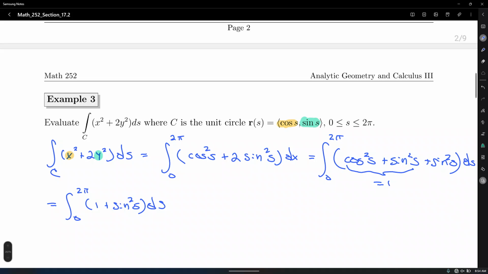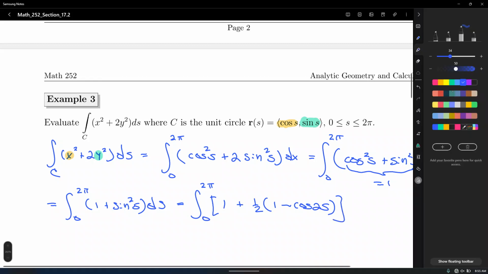In this case, it's better to use the power reduction formula only once rather than twice. So I will replace this with the integral from 0 to 2 pi, using the power reduction formula for sine: 1 plus 1/2 times 1 minus cosine 2s. Let me highlight so you can see how that went.